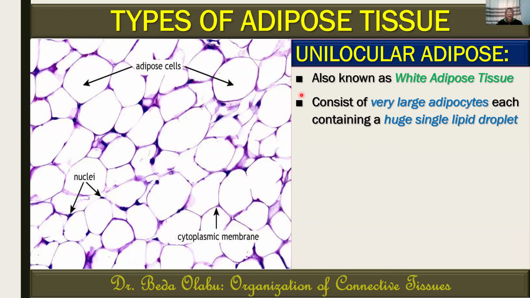This tissue consists of very large cells which contain a huge single locule of fat droplet. As we can see in this image, these are actually empty spaces because the fat that was occupying those spaces has already been washed away by the chemicals used in the histological preparation of these slides. However, we can still understand that it was just a single locule within that particular cell.